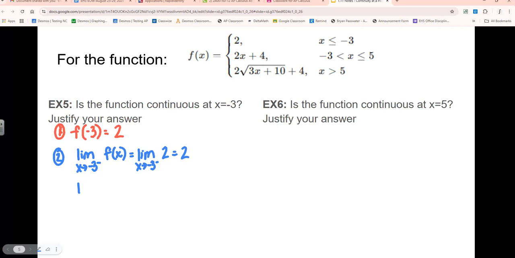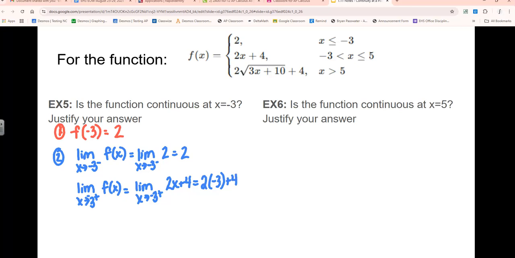And then I need to do the limit as x approaches -3 from the right of f of x, which means I should be using that middle equation, 2x plus 4. That gives me 2 times -3 plus 4, which is -2.